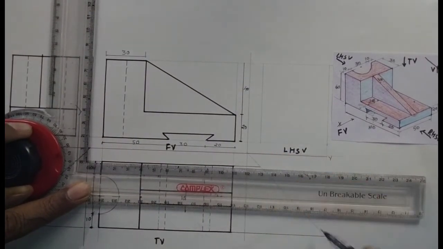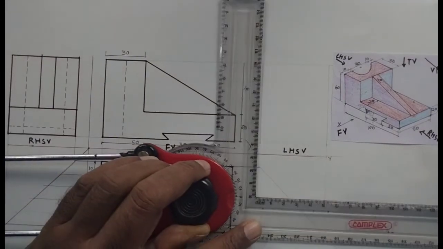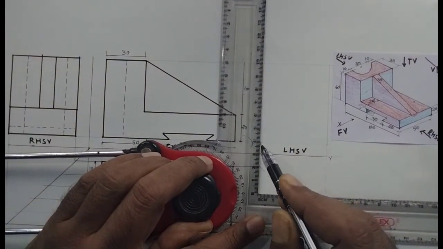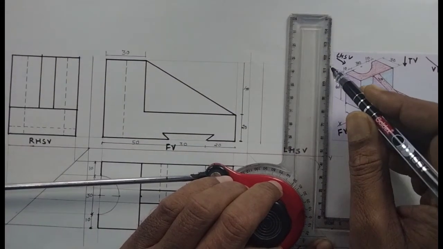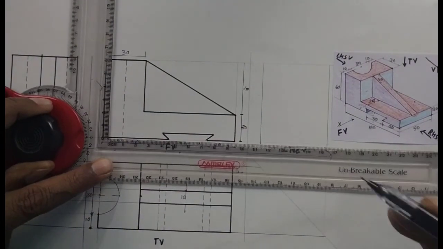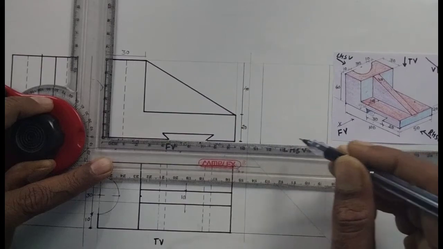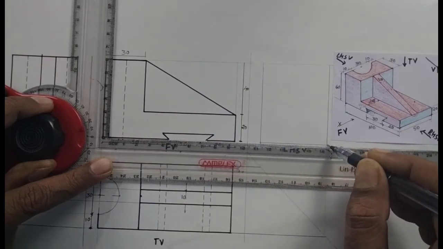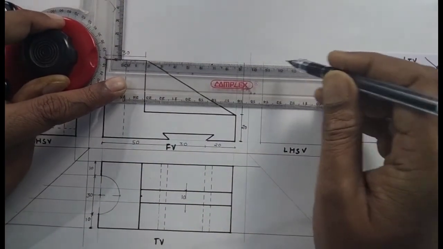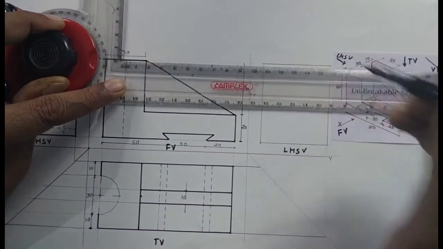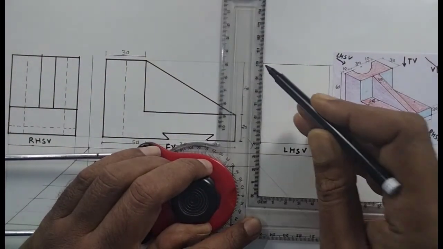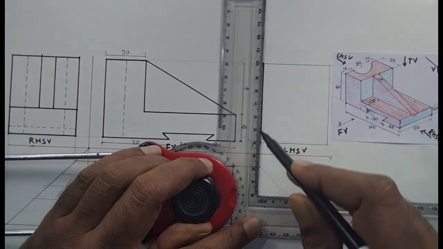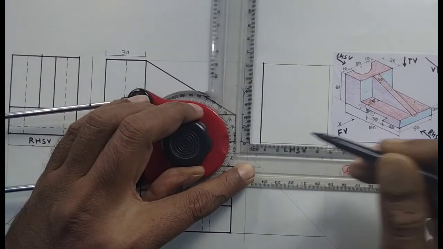It intersects our 45-degree line, and from that we move vertically. We collect the height of the object from the elevation parallel to the XY line, and we create our left hand side view rectangle.